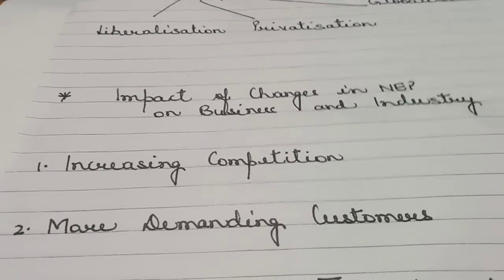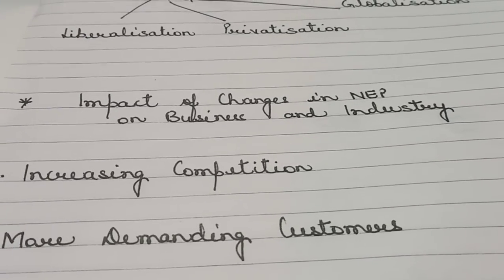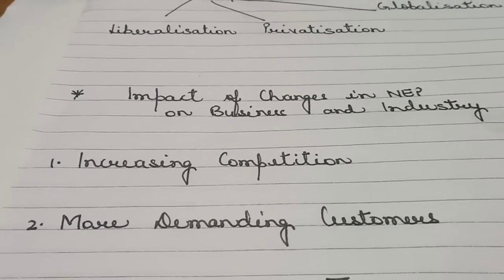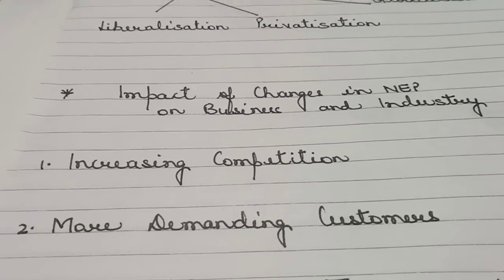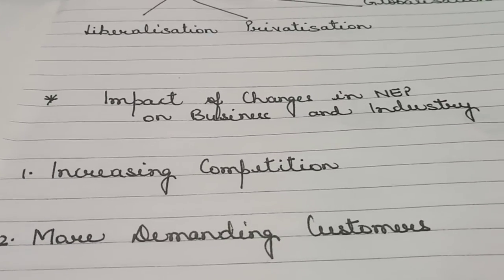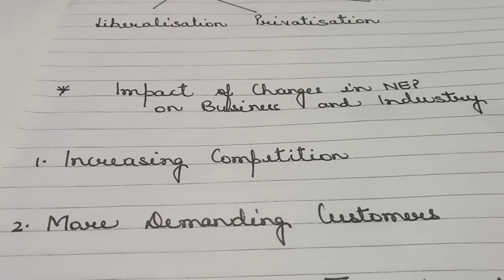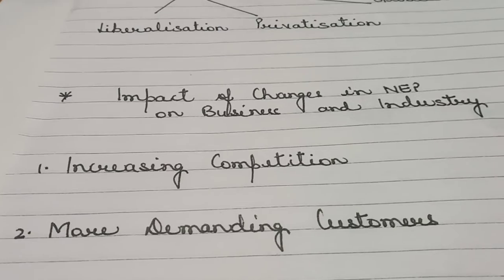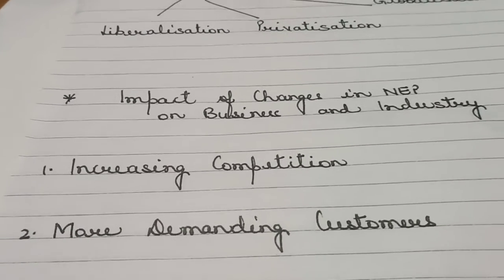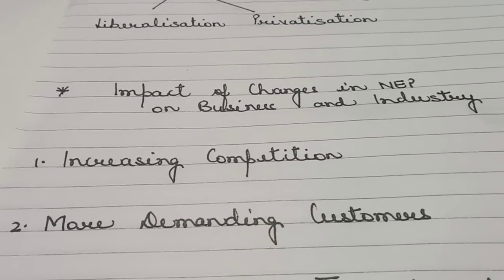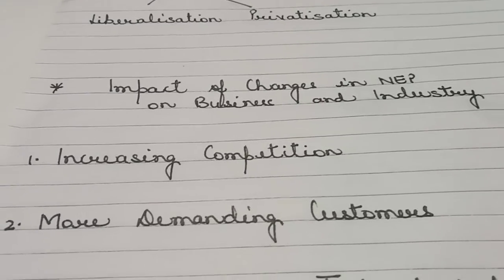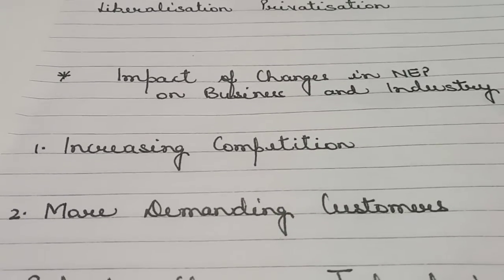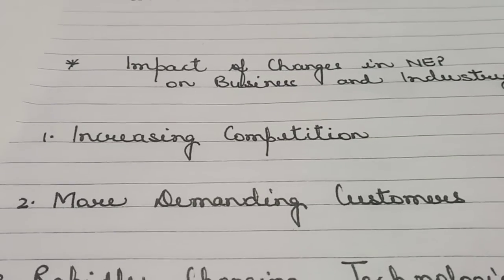So the second impact of changes in the new economic policy, children, was that the consumers in our economy became more demanding. Now you need to understand this point this way: before 1991, when there was licensing, when there was a quota system, when there were so many restrictions on opening up of industries, prior to the new economic policy there were very few industries, and hence limited production.